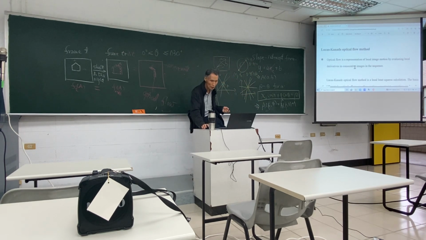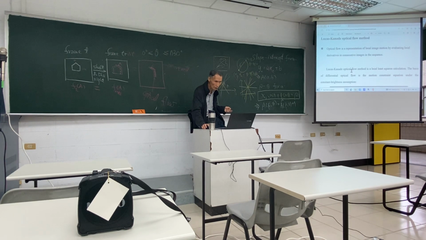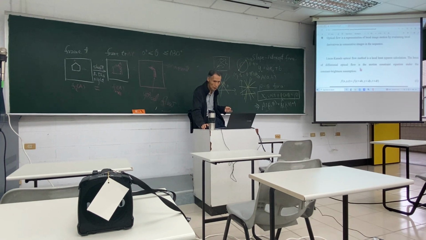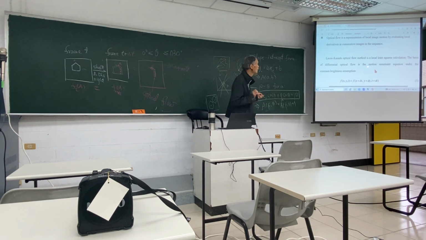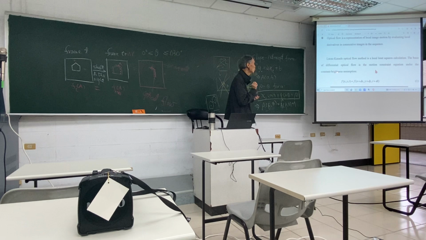Now, the LK method is under an assumption, and you may highlight this: the motion constraint equation. The optical flow is based on the motion constraint equation, which means what? Under the constant brightness assumption, you may highlight this statement.